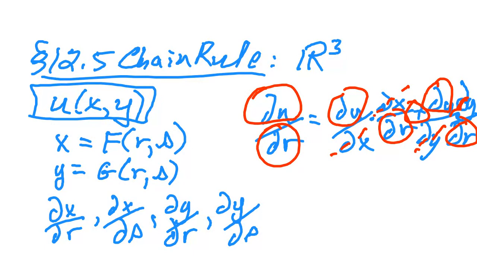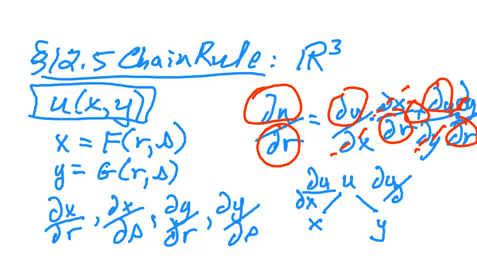I'm going to show kind of a different look to this. So if we have u as a function of x and y, then the way that we can get from one to the other, like if I want to go this way, that'd be the partial of u with respect to x. So I could consider going down this part of the tree, kind of make a tree diagram, as partial of u with respect to x. If I go down this branch of the tree, it's the partial of u with respect to y.